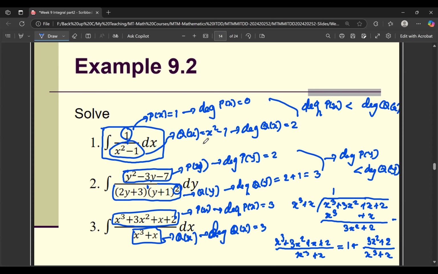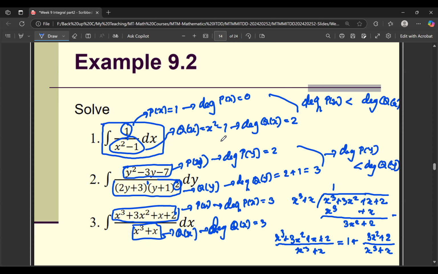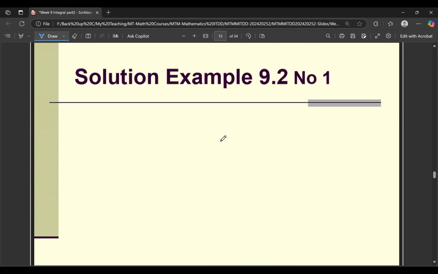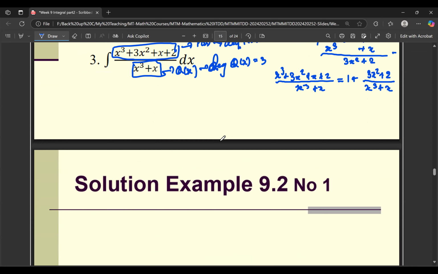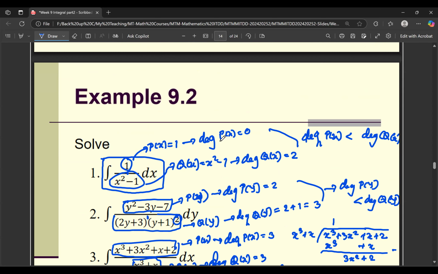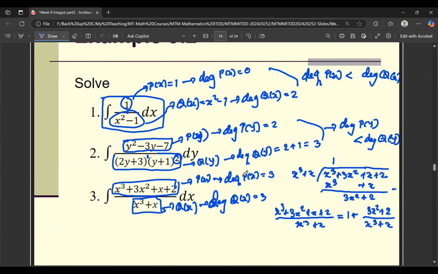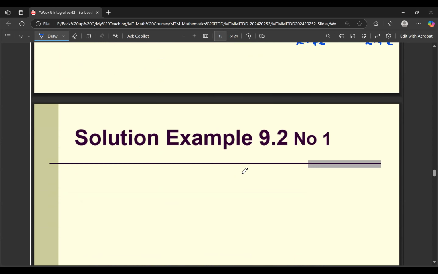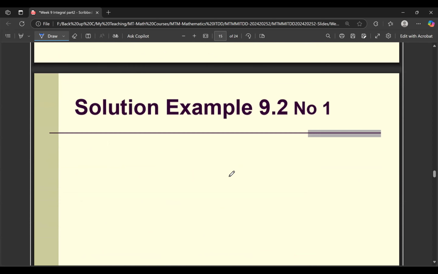Okay, now we continue to solve one by one after we do the checking of the degree of px and the degree of qx. So in number 1, we go to step 2. We have that qx is x squared minus 1.